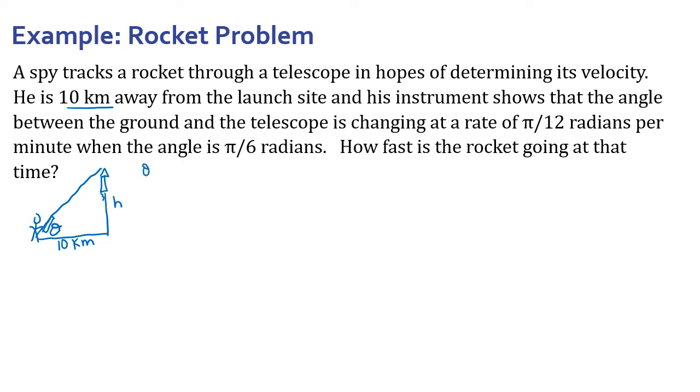So let's define our variables. Theta is the angle between the telescope and the ground. And h is the height of the rocket.